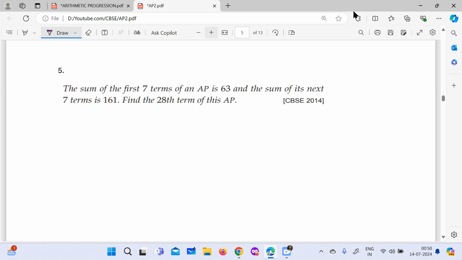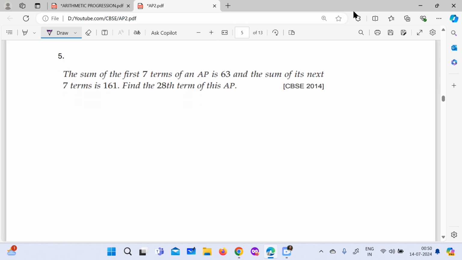Here your question is, the sum of the first 7 terms of an AP is 63, and the sum of its next 7 terms is 161. Find the 28th term of this AP. So understand the question.